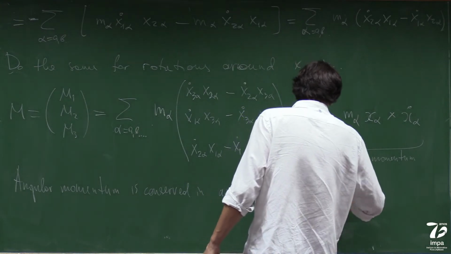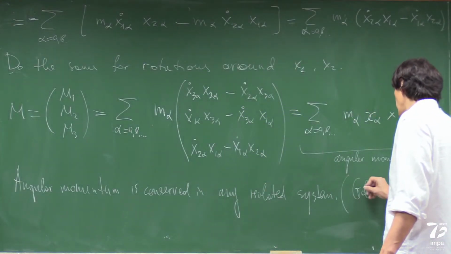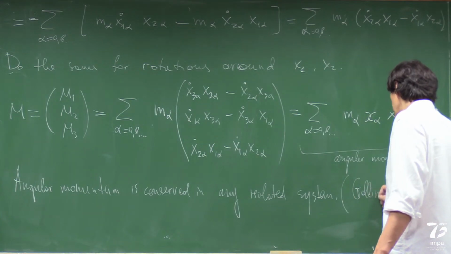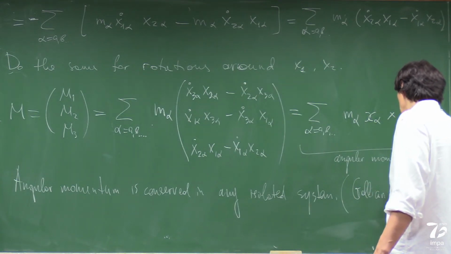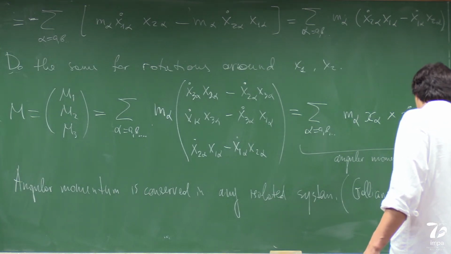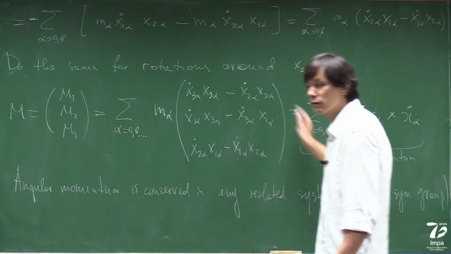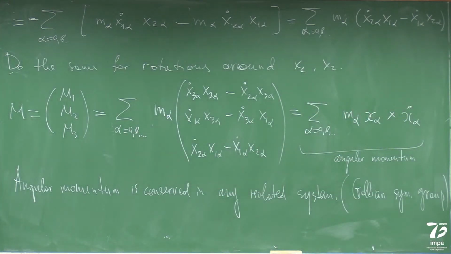So if you write the system, because of the Galilean invariance, Galilean symmetry group. So if you say have a system which has a Galilean symmetry group, which those equations are invariant with respect to Galilean symmetry group, automatically the vector of angular momentum is conserved.